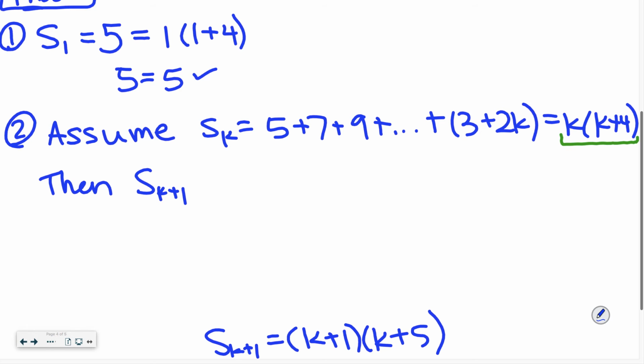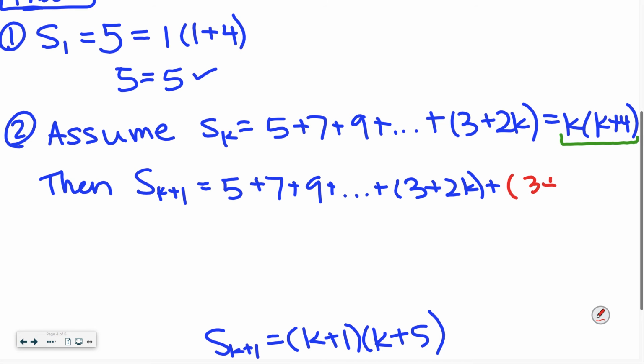And let's talk about the k plus 1 sum. Okay? The k plus 1 sum is the same thing as the k sum, but we're going to add the next term. We literally copy paste, but then we add another term because we have one more term in our sum.